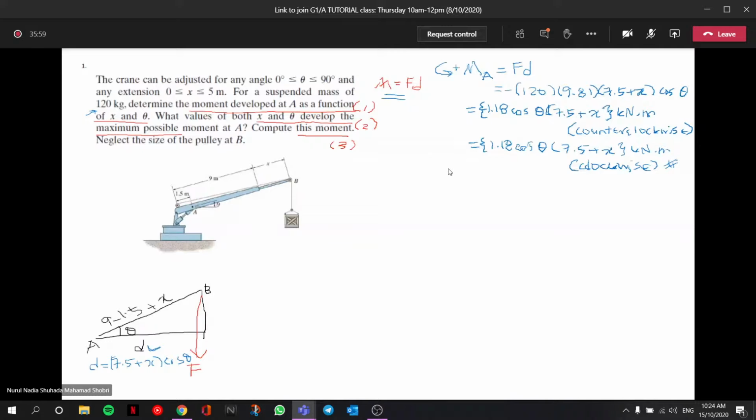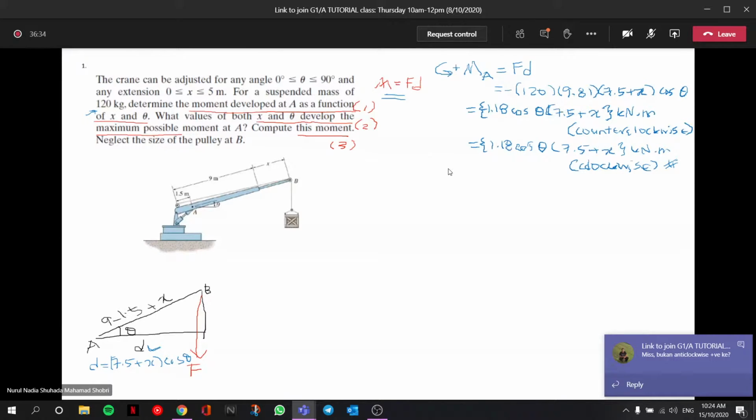So then I will proceed with the second part, which is we have to find the value for both x and theta that develop the maximum possible moment. Even though the questions give us a range, the theta value between 0 to 90 degrees and x between 0 to 5 meters, you guys actually have to see what the conditions are that the question wants. It wants the moment to have the maximum possible value.